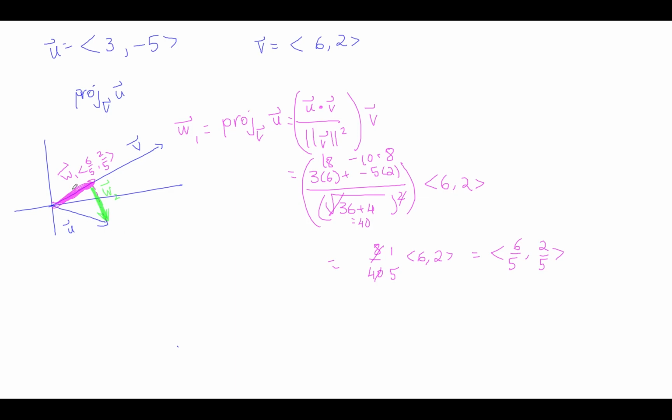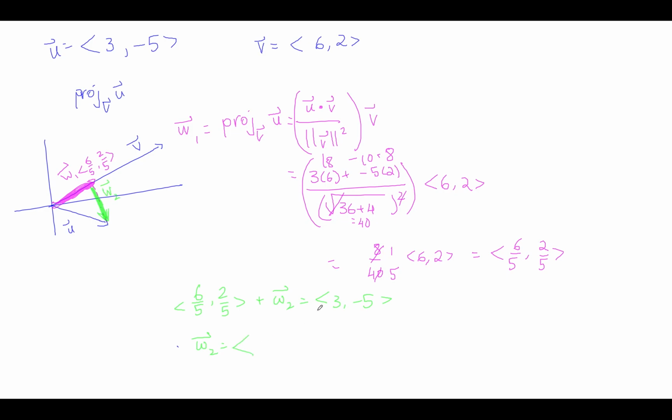If I look at this geometrically too, I have one vector at the edge of the other vector, and its endpoint connected to the origin should give me the addition of those two vectors. So I take 6/5, 2/5, and I add it to whatever my w2 vector is, and I should get back 3, -5.